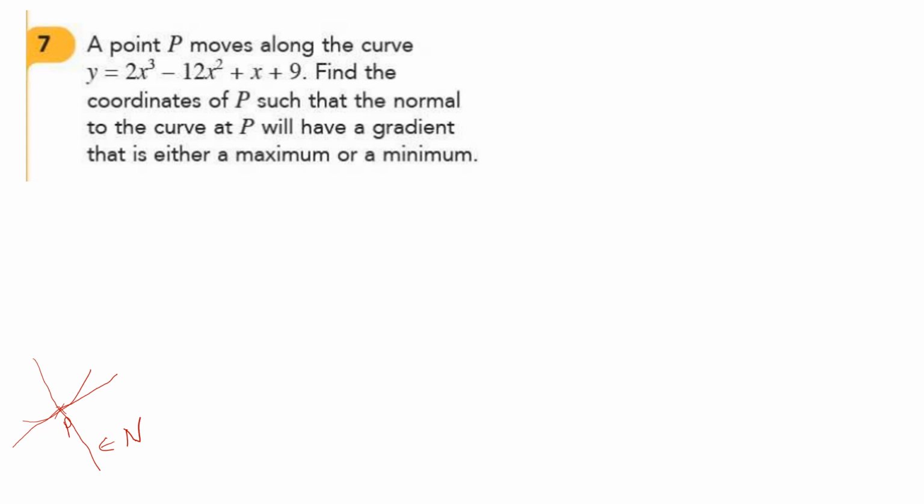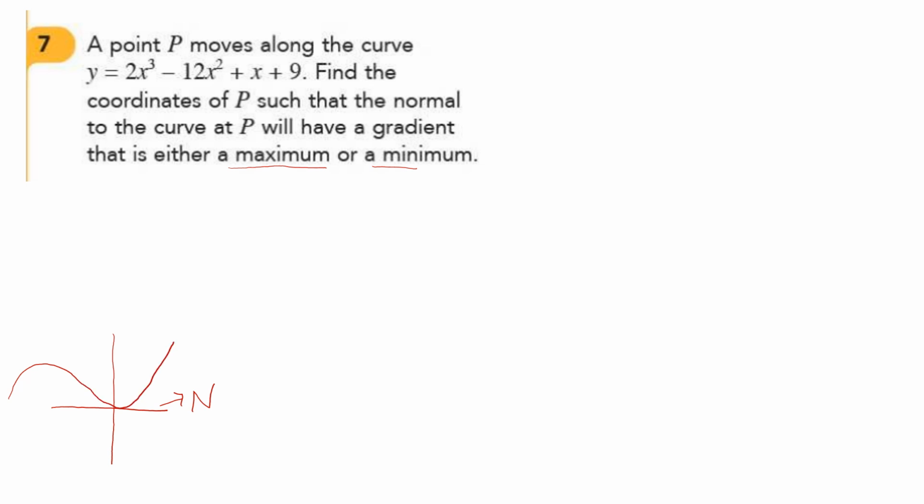What we are saying is that because it's a line, it has a tangent, it has a gradient. So the particular gradient, which is your dy dx, is either a maximum or minimum, which means your dy dx is equal to 0, which means my diagram is not correct. Because if dy dx equals 0, then it should be a horizontal line, right? Let me try to draw a horizontal line first. So that is our normal, and to have a normal, we should have a tangent, right? So the curve may be something like that.